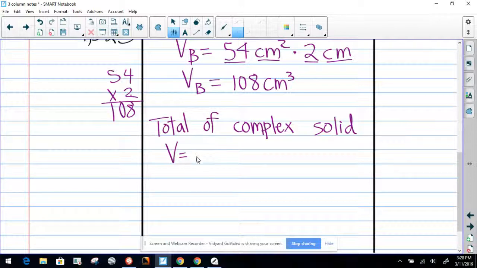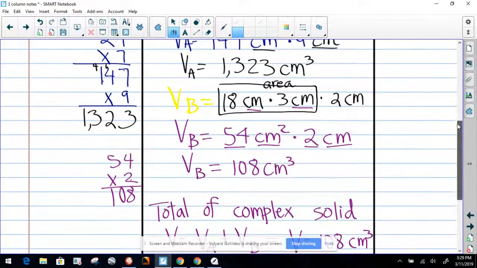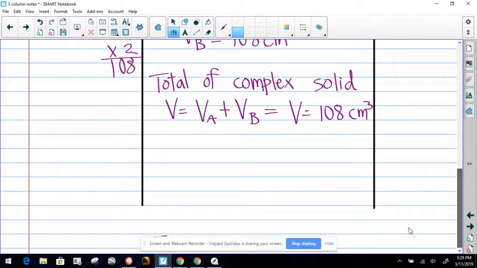Volume will be volume A plus volume B. Volume B is 108 cubic centimeters, plus the other one, 1,323. They have the same measurements. So now we're going to add them up. I'm going to do this vertically, my friends.